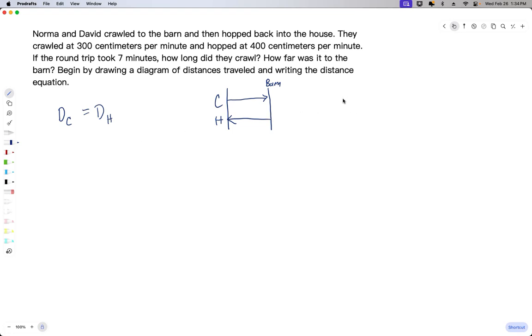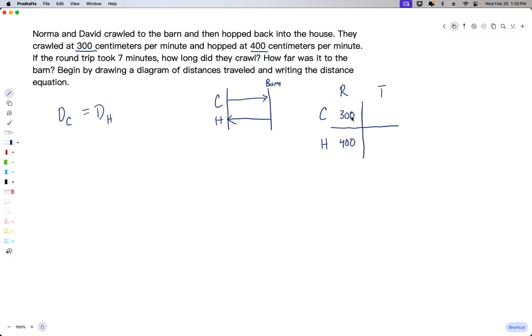Let's go ahead and start our table. Rate, time, crawling, hopping. So I'm just going to draw my middle lines in here. So my rate crawling, it says they crawled at 300 and they hopped at 400.